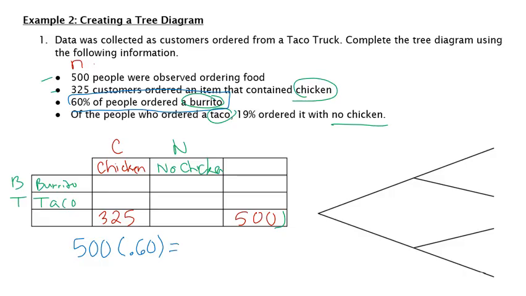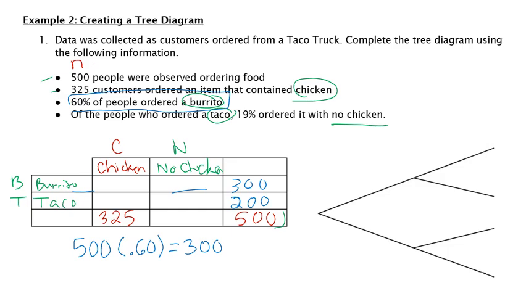So 60% of 500 is going to be 300 people. So the number of people who ordered a burrito was 300. Okay, and so if there's 500 people and 300 ordered a burrito, 200 ordered a taco.